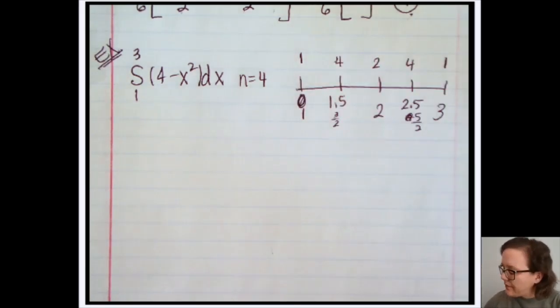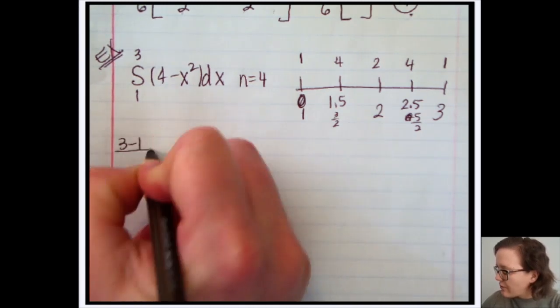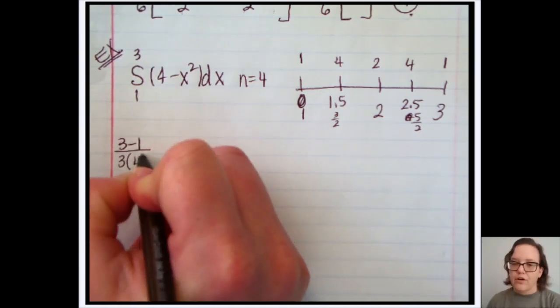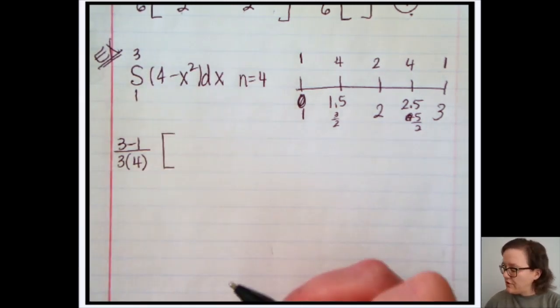Okay. So b minus a over 3 times how many intervals there are. And again, you will be given the intervals, how much you're supposed to do.